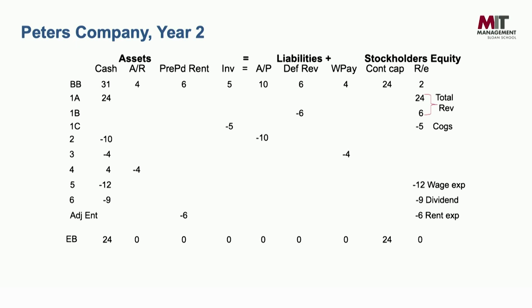So we got an asset of $24,000 in cash, $24,000 in contributed capital. This is a really simple balance sheet. At the end of the second year, Peter's company is no longer an operating company. And all it has on its balance sheet is a bunch of cash, which is owned by its original stockholders.